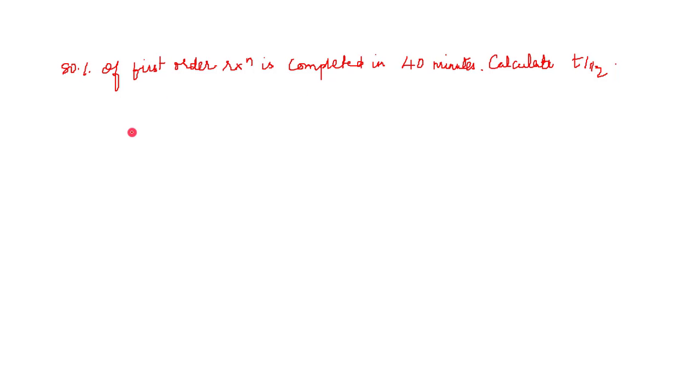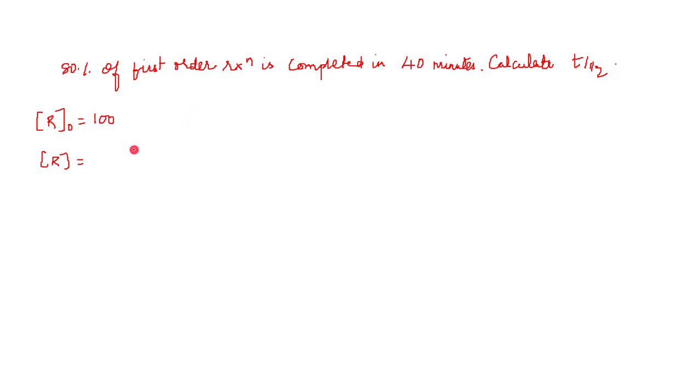Again, what you have to find out is the rate constant, then you have to go with half-life. So R naught, what you will take, always take R naught value as 100 because initial concentration will be 100%. R value, how much will we take now? 80% reaction has completed.